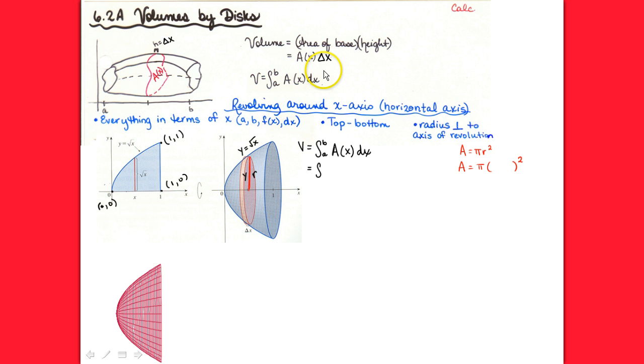And once I knew the volume of one slice of bread, then I could say, okay, if I found the volume of this slice and this slice and this one and this one, and I added them all together, that would give me the volume of the whole loaf, right? And so that leads us to the idea of volume and the definition that they give us here in section 6.2.